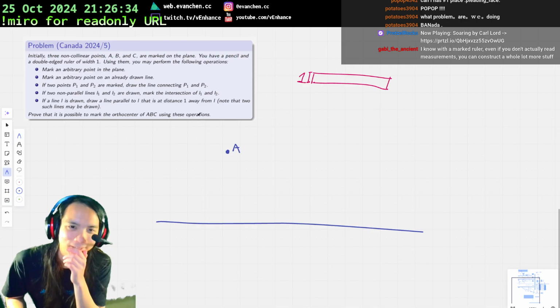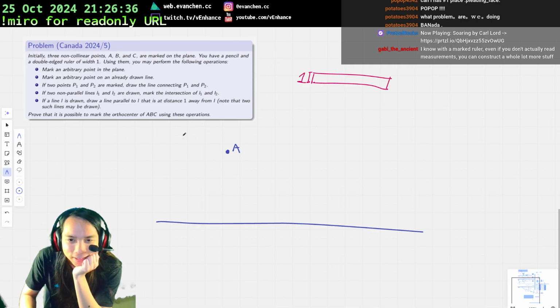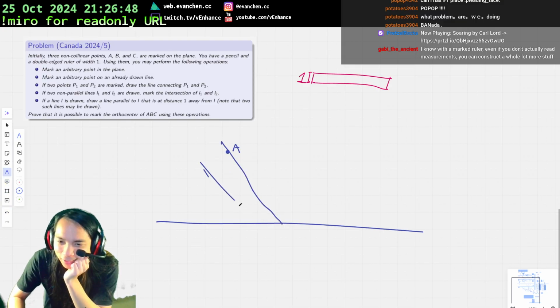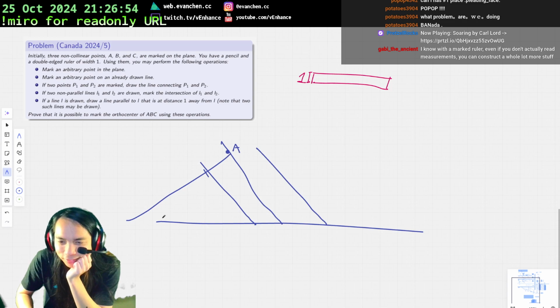Okay. Well, gotta start somewhere, right? Boom. I don't know. Let's draw some line through A, and then pray. I don't know what I expect this to do. Like if I do... wait, that looks perpendicular.